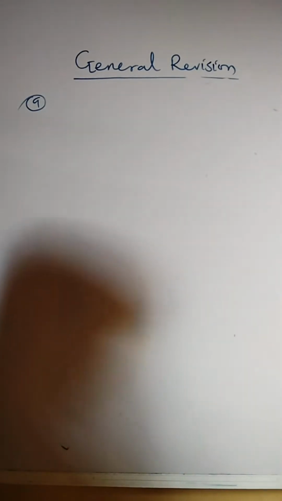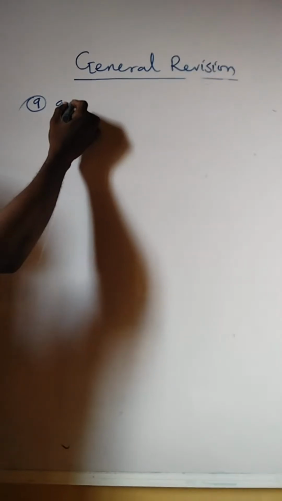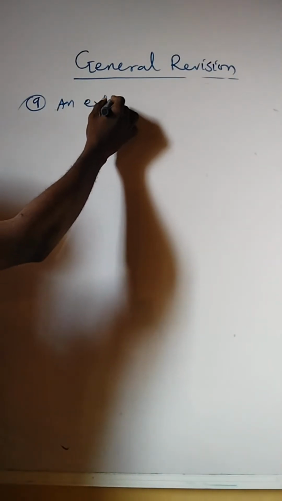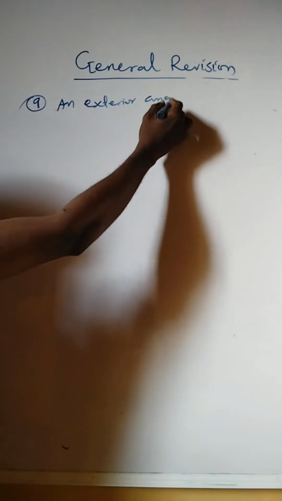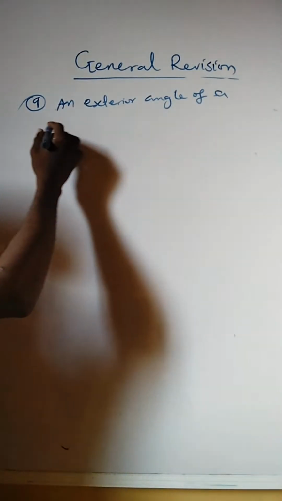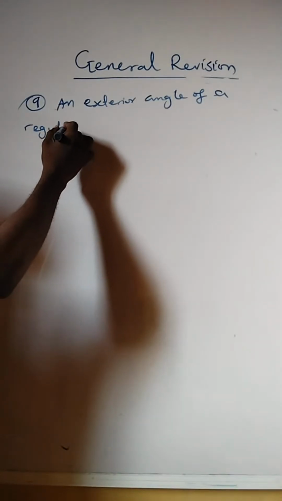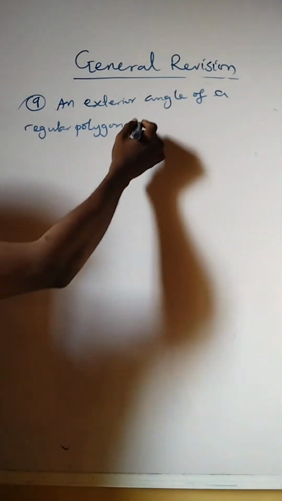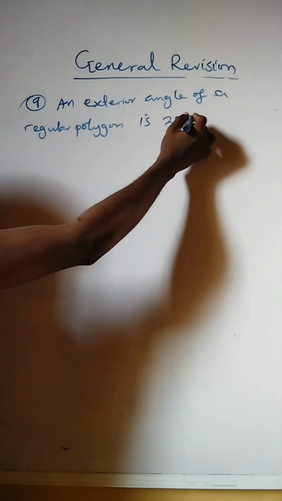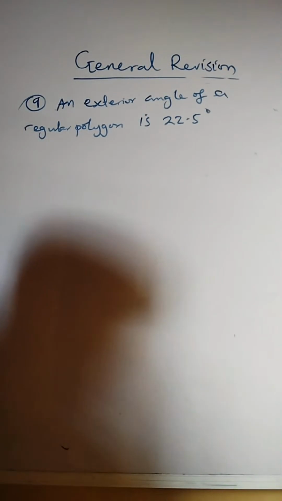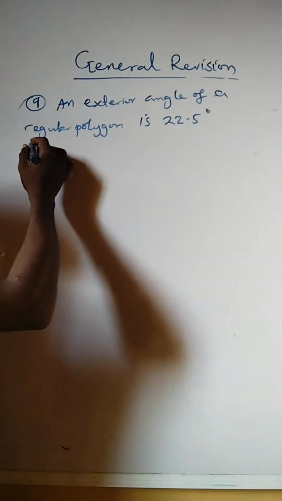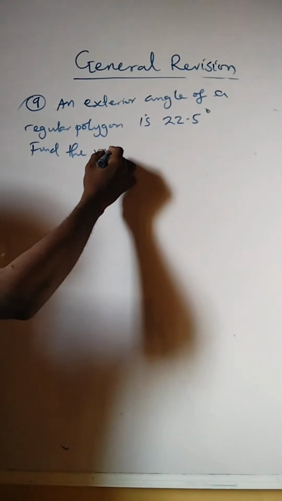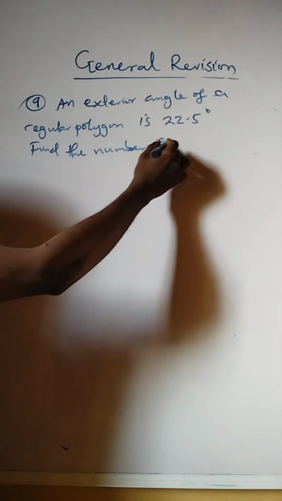An exterior angle of a regular polygon is 22.5 degrees. Find the number of sides.